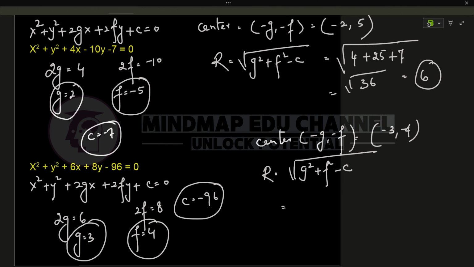So the g square is 3 squared, f square is 4 squared, 16, minus will become plus, and that is 96. And we get the square root of 121, and that is 11 units. Hope it's clear how to find the center and radius by comparing it with the general equation of the circle.